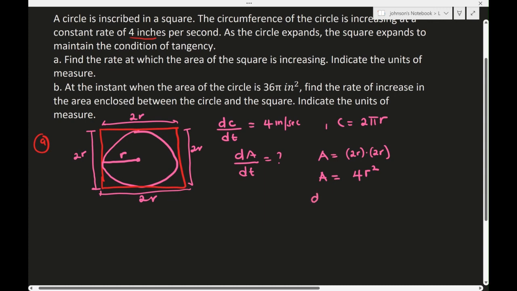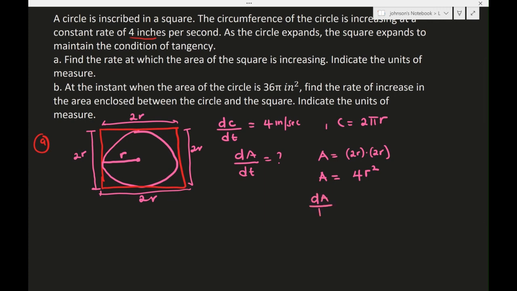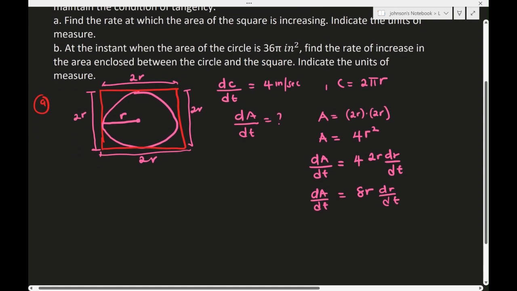We can see that dA/dt, since 4 is a constant, will be 4 times 2r dr/dt. So simply our dA/dt is going to be 8r dr/dt.